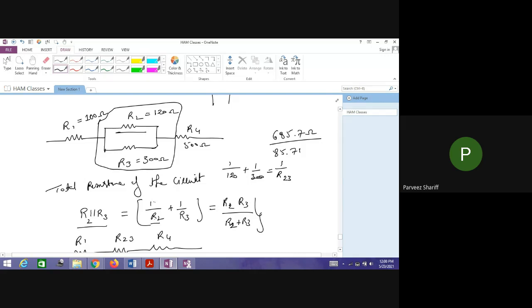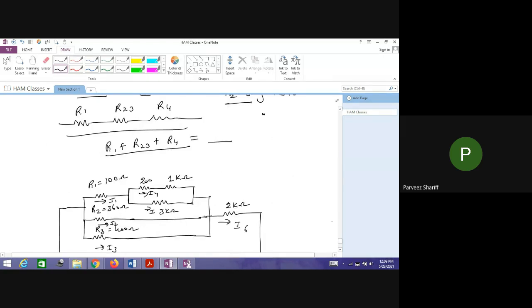We can calculate and write the value, or we can also substitute in this equation. So I'll get 120 into 300 divided by 120 plus 300. This will give me the straight away answer of this. When we substitute and calculate, I'll get 85.71 ohms.